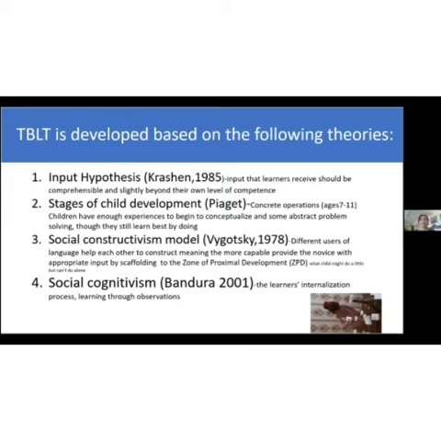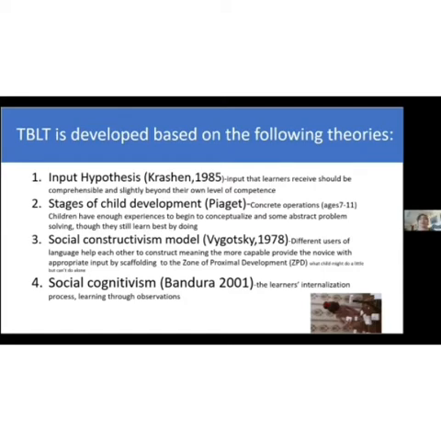Everyone listening here knows the input hypothesis by Krashen, stages of child development, the social constructivism model by Vygotsky, and social cognitivism by Bandura. So the input hypothesis, in short, says that the input learners receive should be comprehensible and slightly beyond their own level of competence.